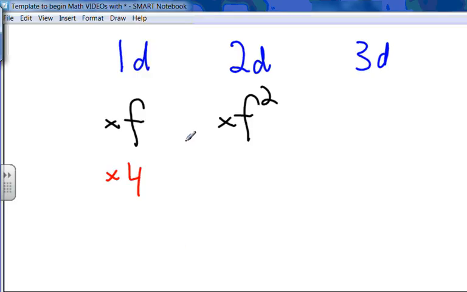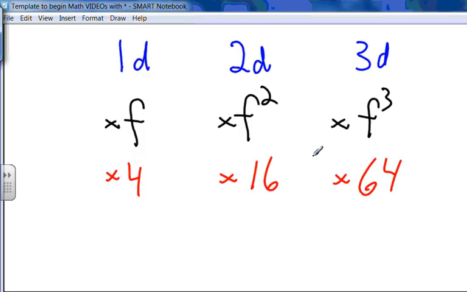In the example we just did, that was times 16. And if you want to figure out the three-dimensional region of the large cube, then if you know the small cube, you'll have to multiply times the linear scale factor cubed. In our example, that would have been times 4 cubed, which is times 64.